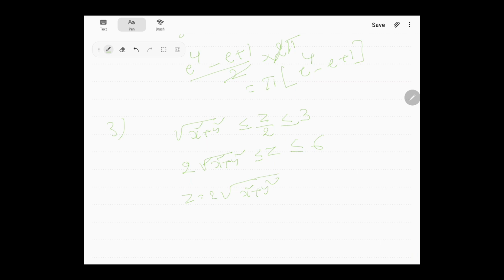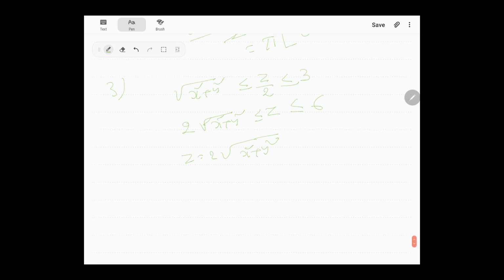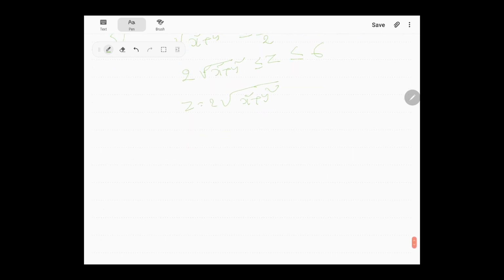On the xy plane, if I take z is equal to 0, I get x square plus y square is 0, which is the origin point. If I take z is equal to some constant, for example 4, then root x square plus y square is 2, or x square plus y square is equal to 4. So on the plane z is equal to 4, you are getting another circle. So you are getting several circles whose radius is increasing, and you are getting such a curve here.